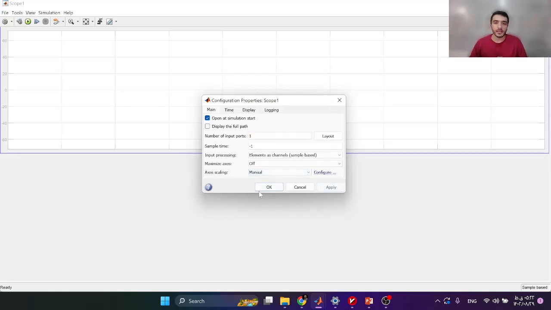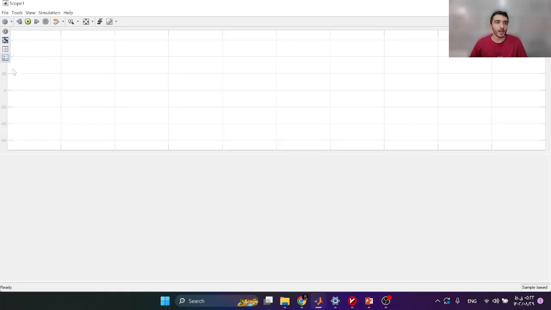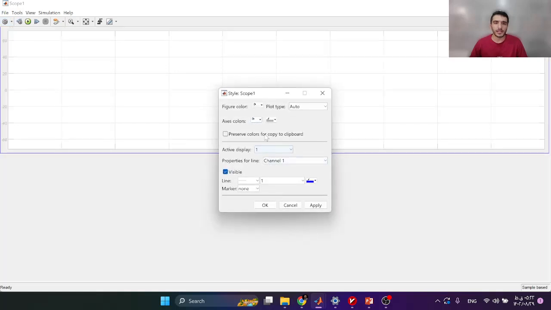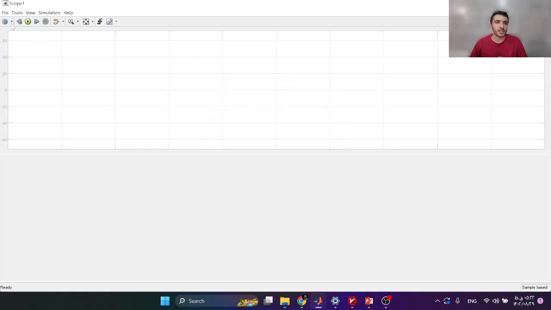Let's see this. I want to show the control input as a signal to see the maximum value of it.